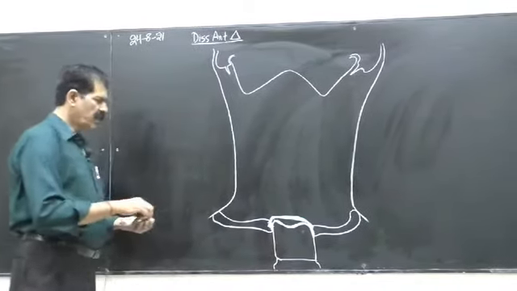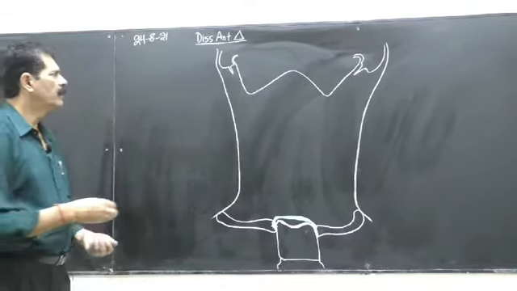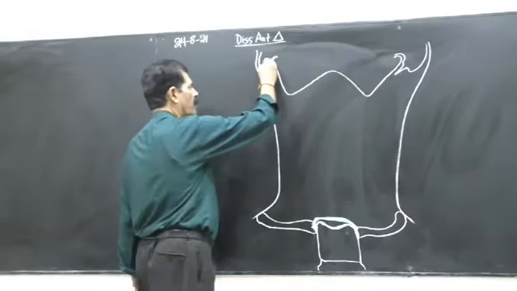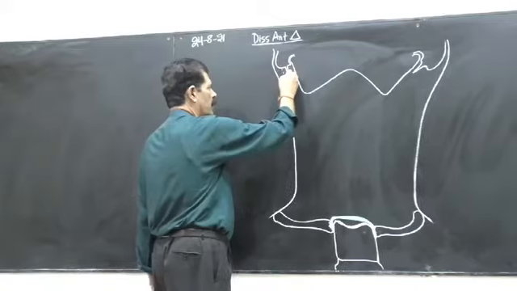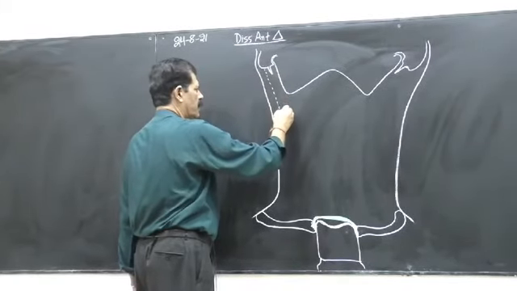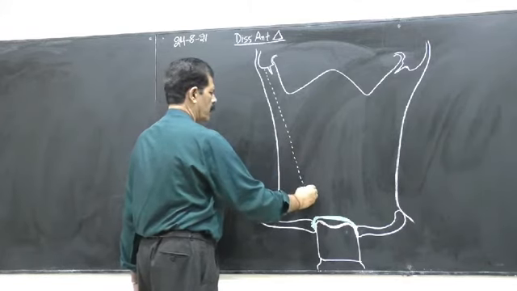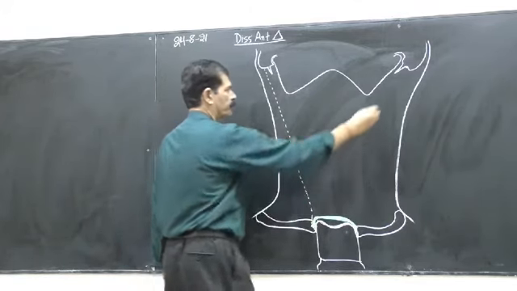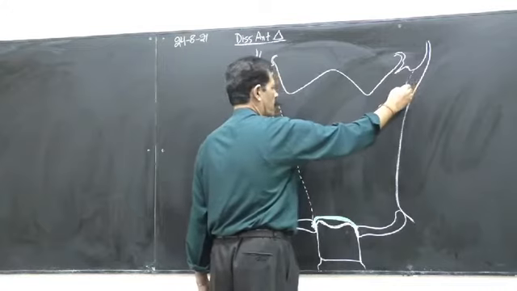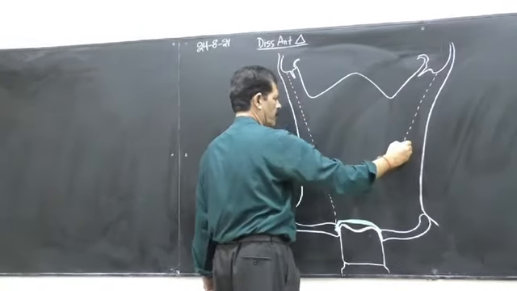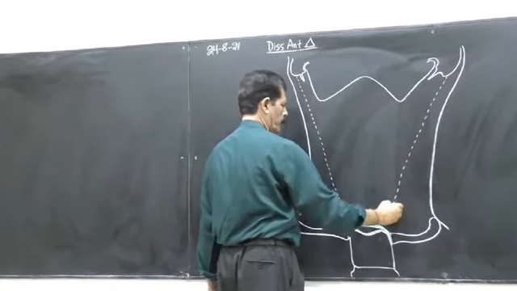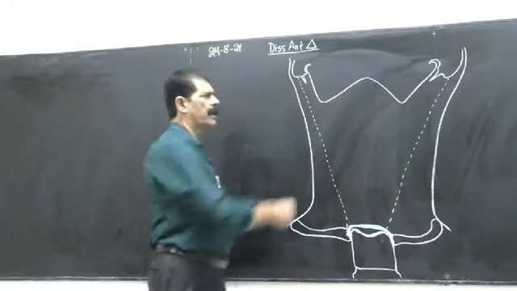So in the dissection part of the anterior triangle, we cut from the mastoid process. A cut is made down the skin up to the sternoclavicular joint, from mastoid process to the sternoclavicular joint. So we cut here.